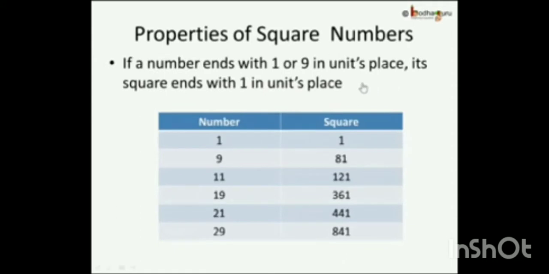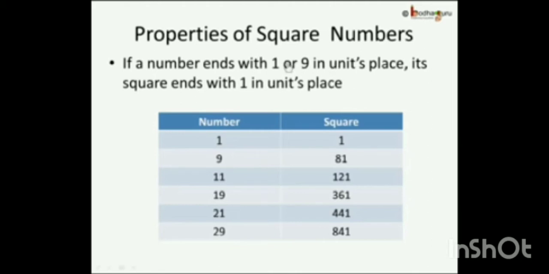Let's look at another property. If a number ends with 1 or 9 in the units place, like here I have taken certain examples, numbers like 1, 9, 11, 19, 21, 29, I can go 31, 39, 441, 449.